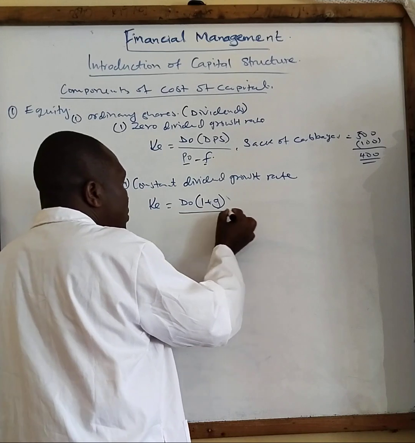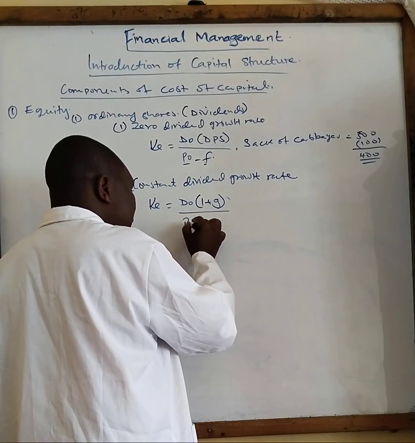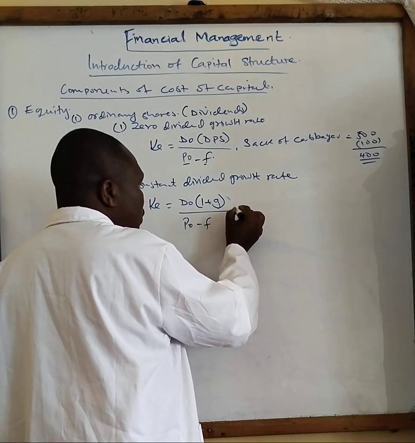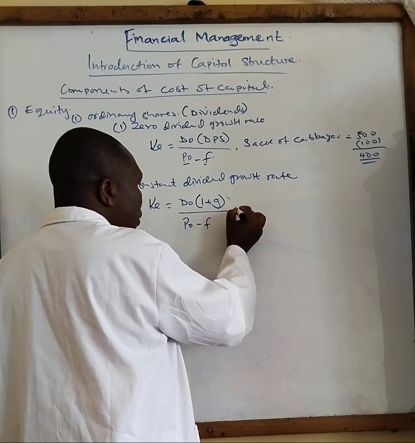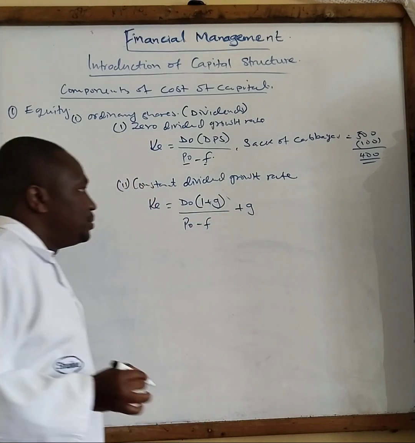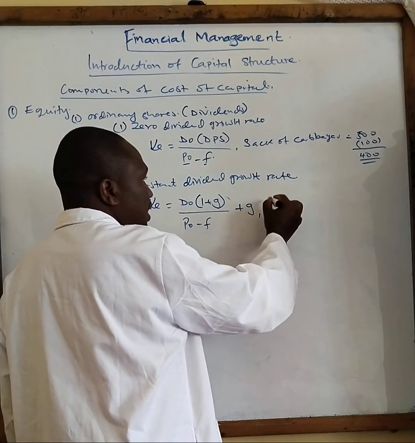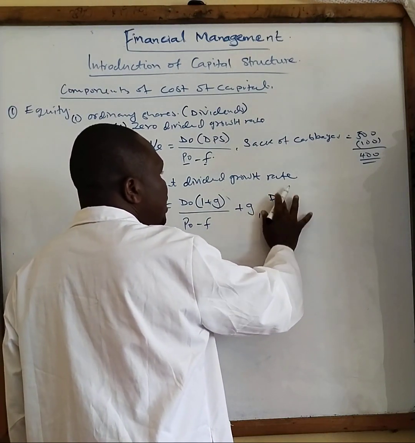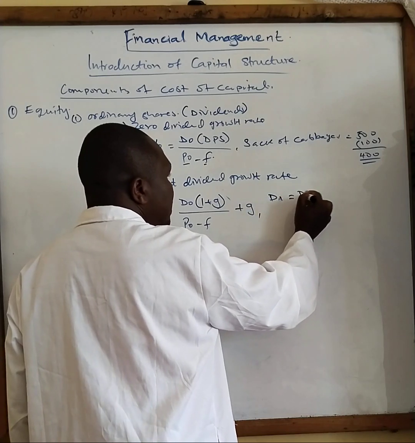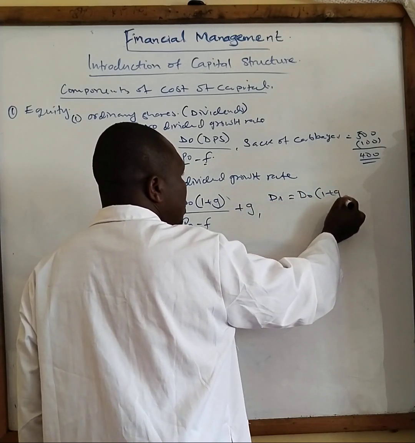Then I will divide by market value minus any flotation. Then to the answer I get here, I will add my growth. So I can say authoritatively that D1 is given by D0 into brackets 1 plus G.